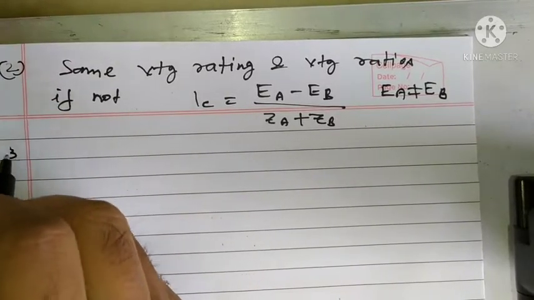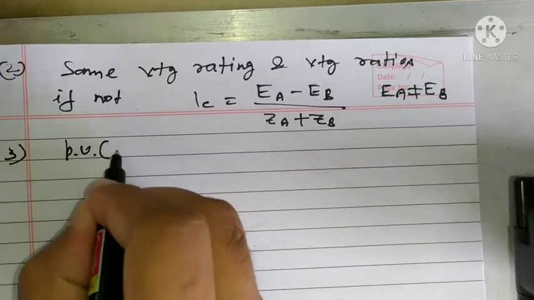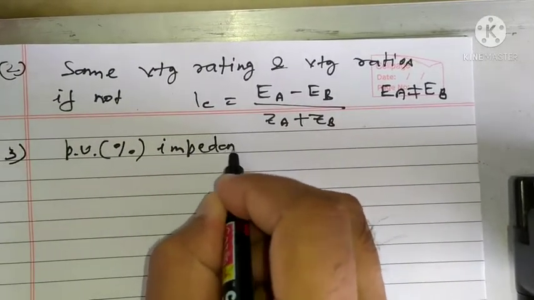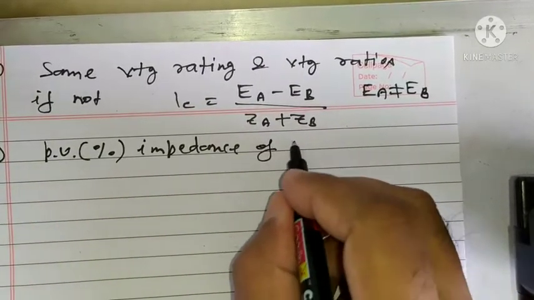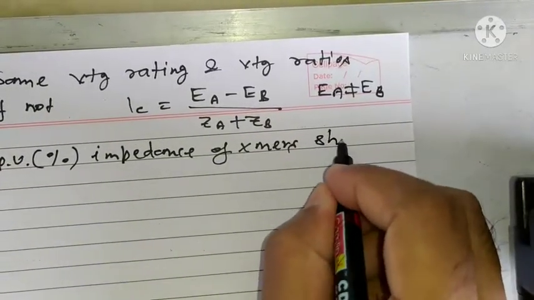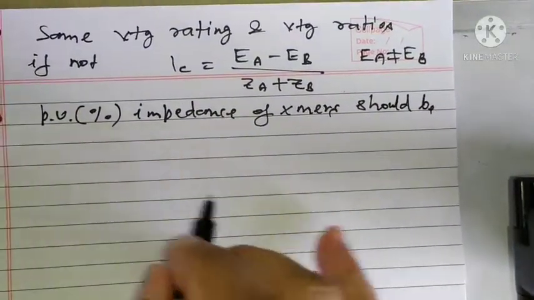Now the third condition is that the per unit or percentage impedance of the transformers should be the same.